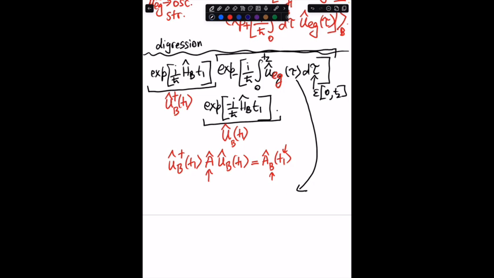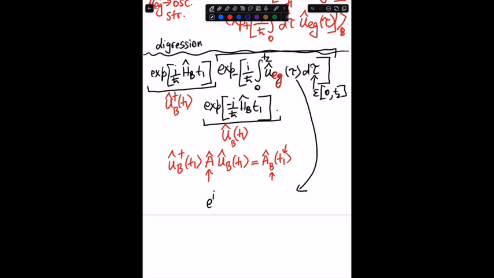So you can write it as e raised to the power i(Hs plus Hb)τ upon ħ, μ_eg, times e raised to the power minus i(Hs plus Hb)τ upon ħ.